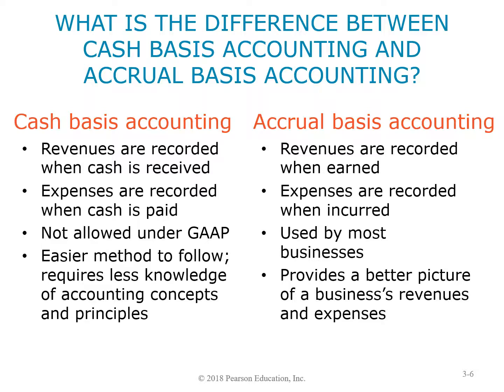The cash basis method is easier to follow because it requires less knowledge of accounting concepts and principles. But accrual basis provides a better picture of a business's revenue and expenses because revenues are recorded when they're earned and expenses are recorded when they are incurred.